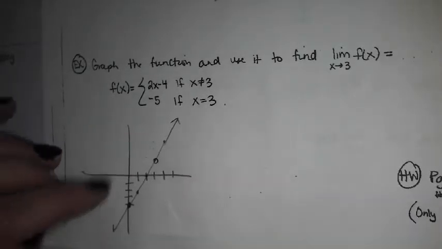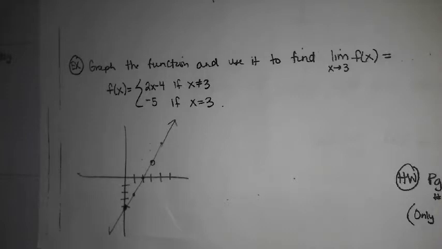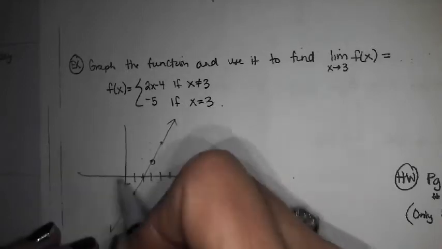So that's actually an open circle. That's a hole in our line. And then, just so this function actually exists at 3, there is a point at 3, negative 5.